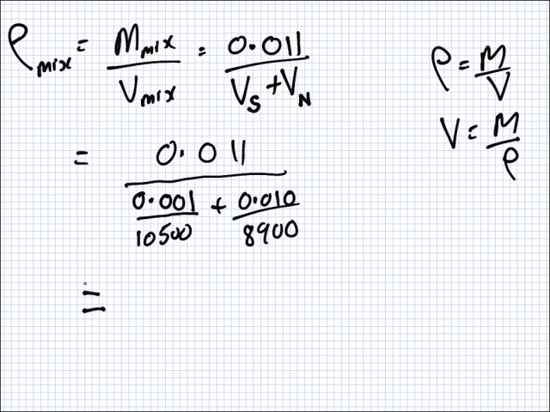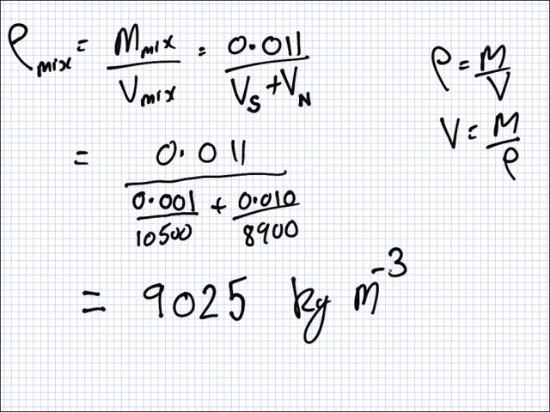Sorry, I think your answer was not quite right. I don't think you said this to me, did you? 9025? No, okay. 9025, yeah? I got 25 here. 9025, yes, kilograms per meter cubed. You got it, yeah? Good job.